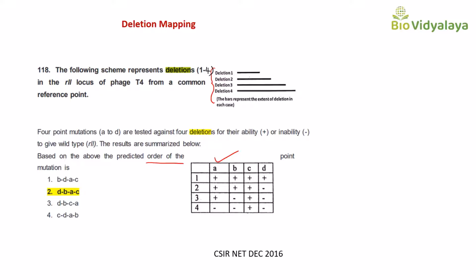Here deletion 4 is the largest deletion. This is deletion 1, this is deletion 2, this is deletion 3 and this is deletion 4. In deletion 1 all are positive, so no point mutation is present in this region.